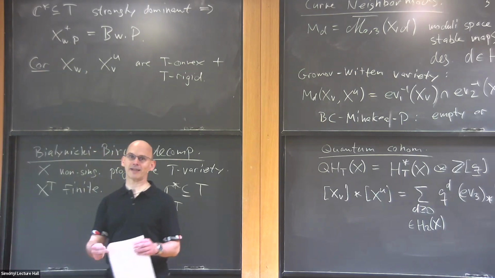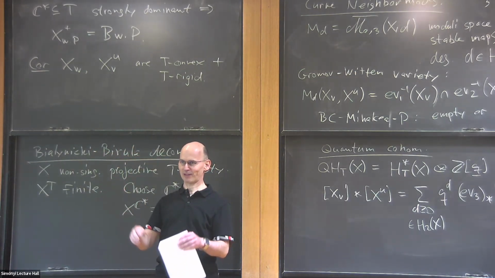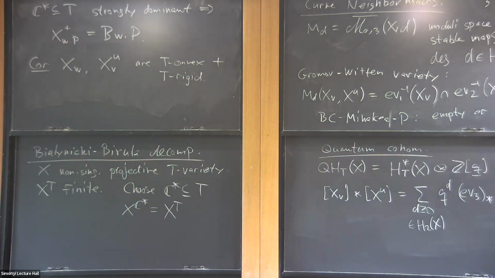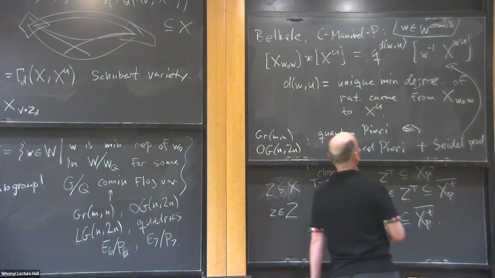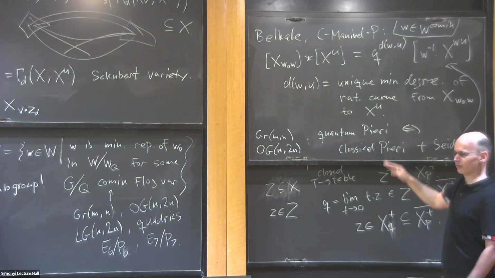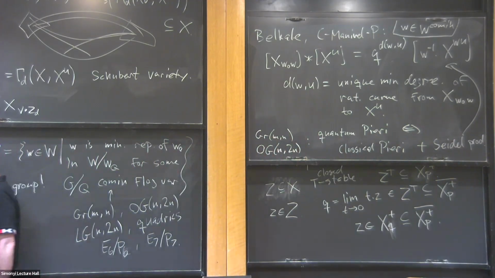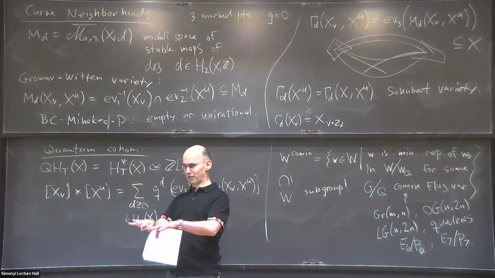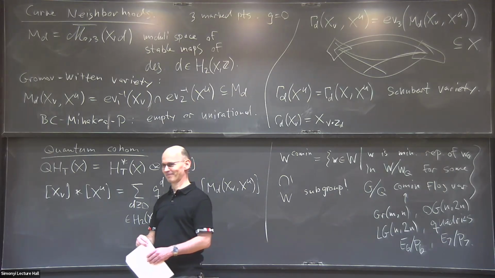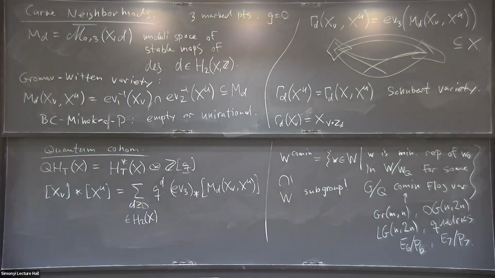That's surprising, because you can have more than one maximal degree that shows up in a quantum product. But because you only have a unique minimal degree of a rational curve between two opposite Schubert varieties, for any quantum cohomology product you take, there's only one unique minimal power of q that shows up in that product. And the main work of that was done by Postnikov.